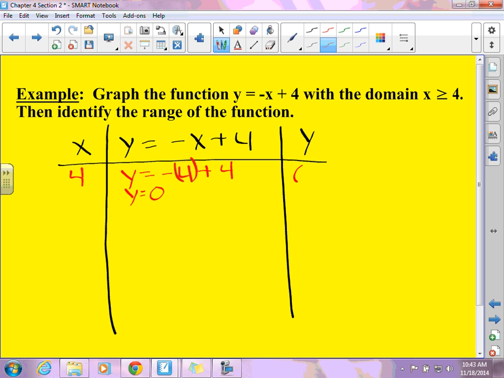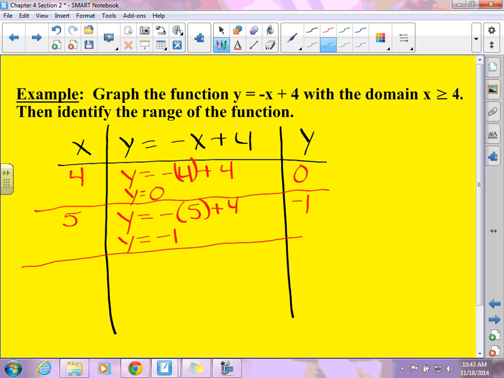Now, take a look at the X values. Are they going to get bigger or are they going to get smaller? They're going to get bigger because that X is greater than or equal to 4. So I'm going to pick 5. What would be the next value?